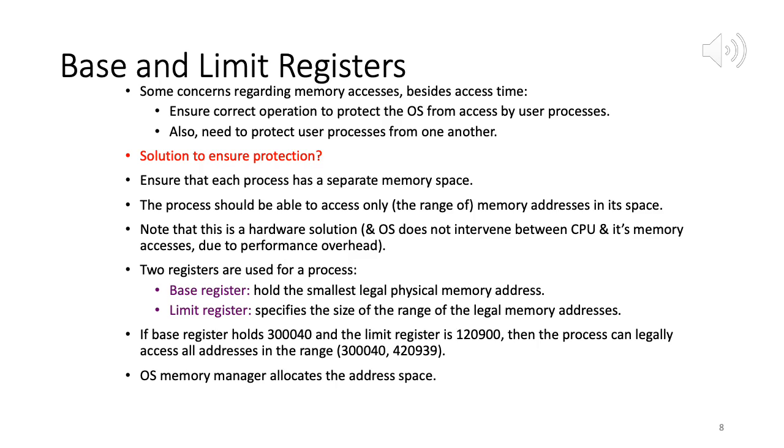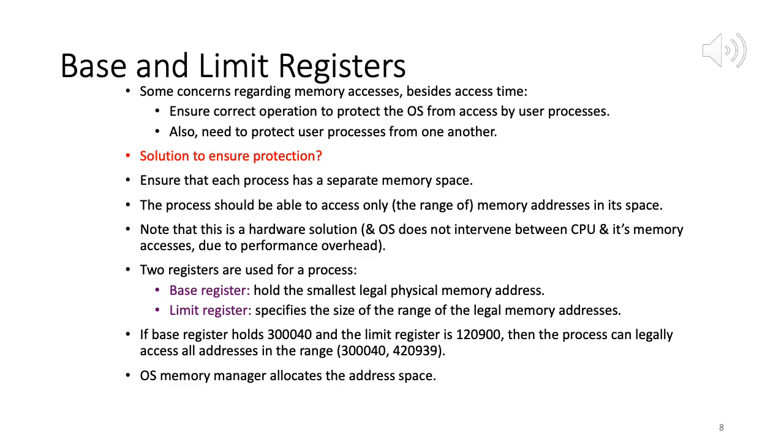Of course, there is a concern regarding memory access time. There's another concern regarding memory, which is memory protection. We discussed that each process is assigned a block of memory, which is called the address space of that process. This is assigned by the operating system, the memory management unit.